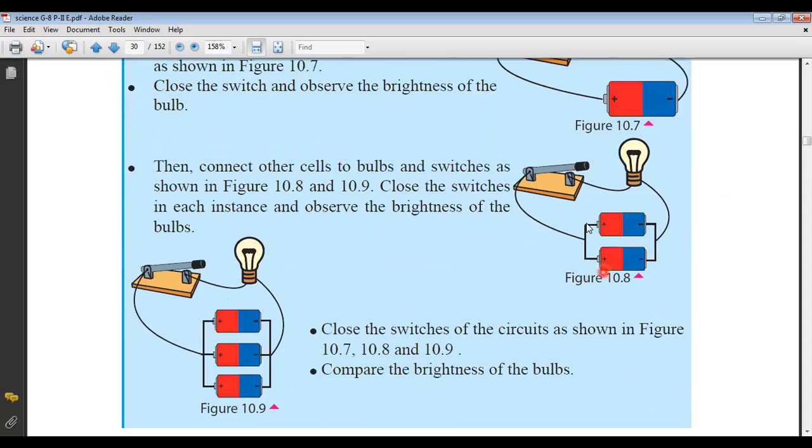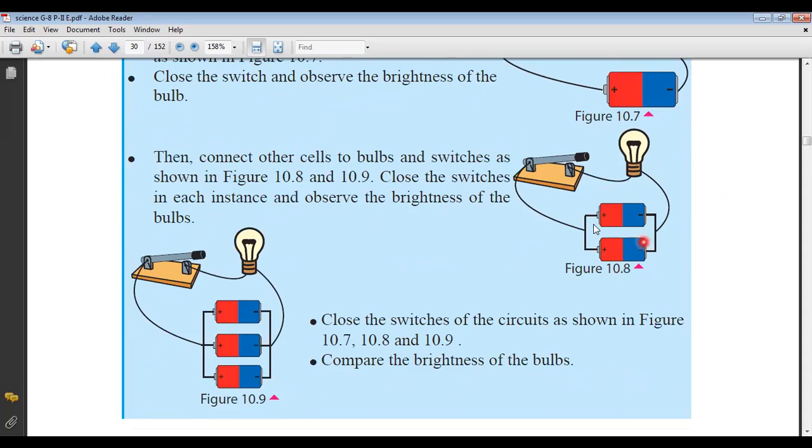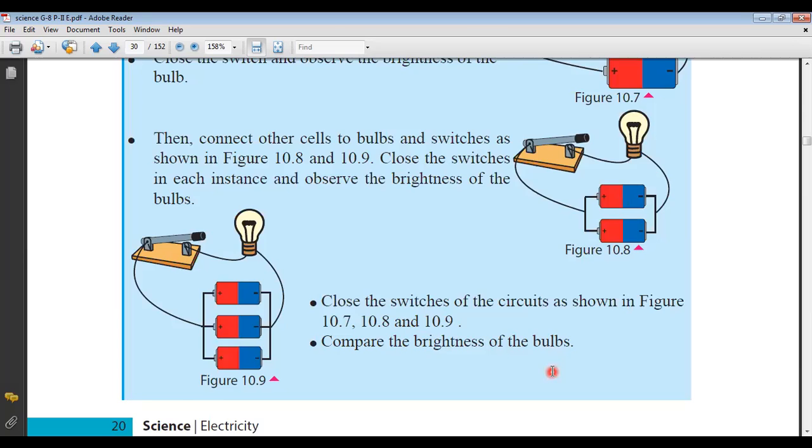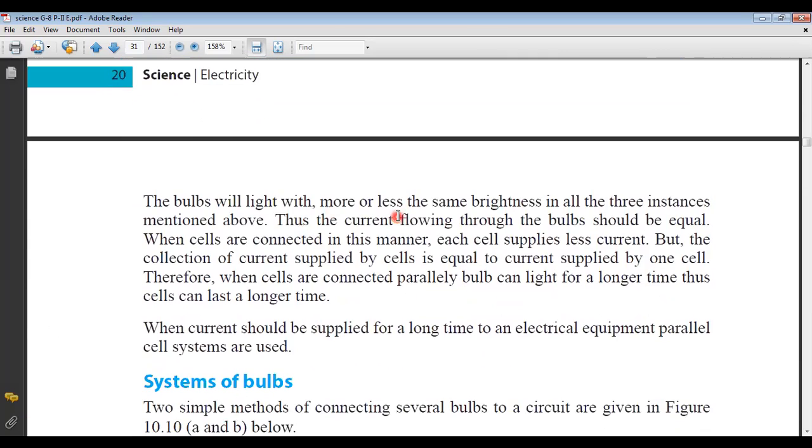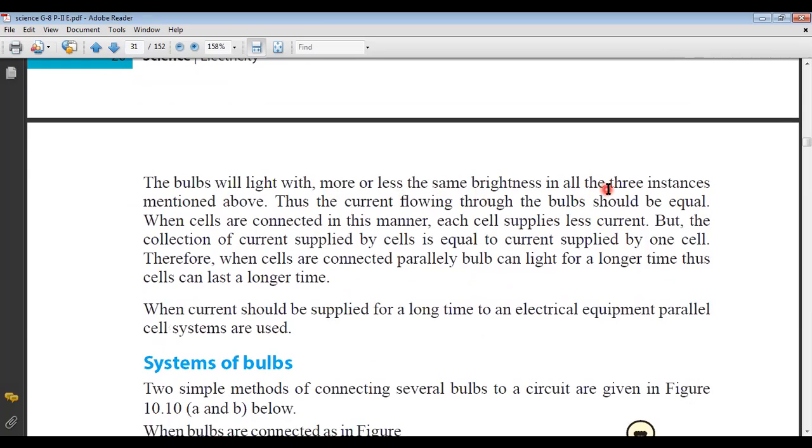Now use another cell, add it in parallel, and observe the brightness of the bulb. Add another cell and observe the brightness again, and compare the brightness of the bulb. The bulbs will light with more or less the same brightness in all three instances.